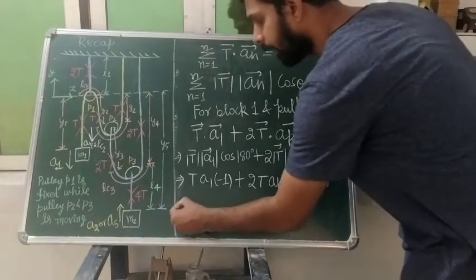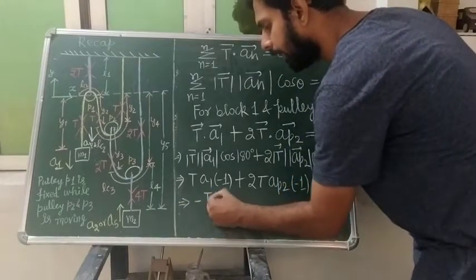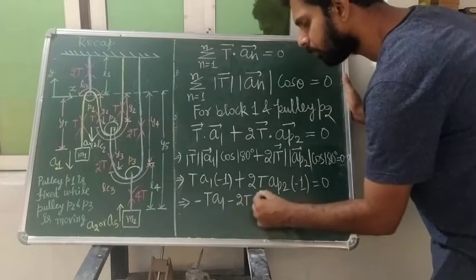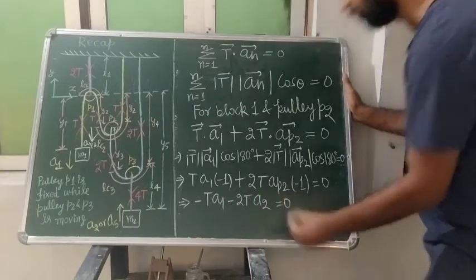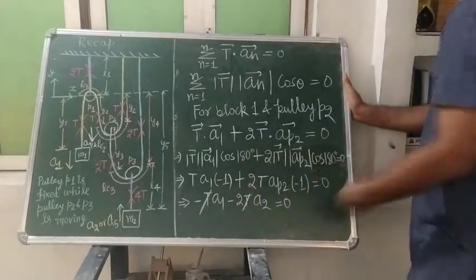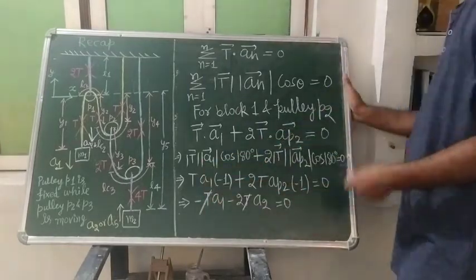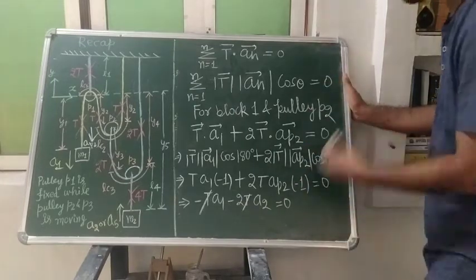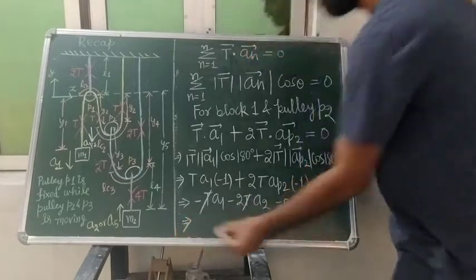So from here we get minus T A1 minus 2T AP2 equals 0. This T will get cancelled out. We can take it common and send it to the other side: 0 divided by T, something divided by T, is 0. So from here, what will we get?